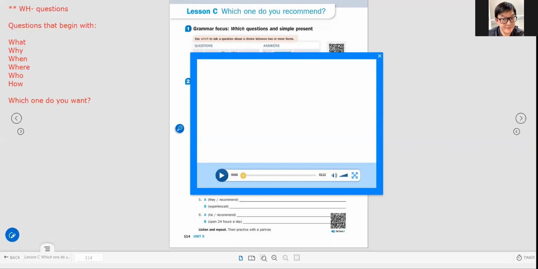Which supermarket does he recommend? He recommends Malik's Supermarket. Which supermarket do they recommend? They recommend Garcia's Supermarket.